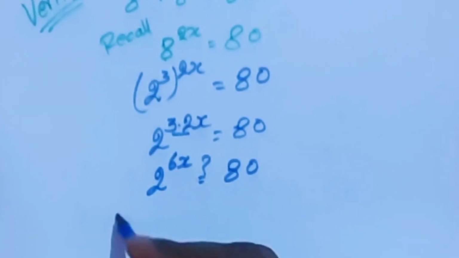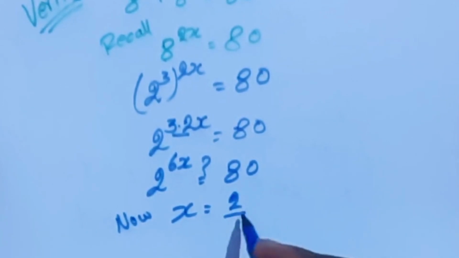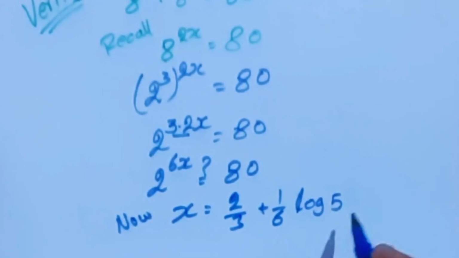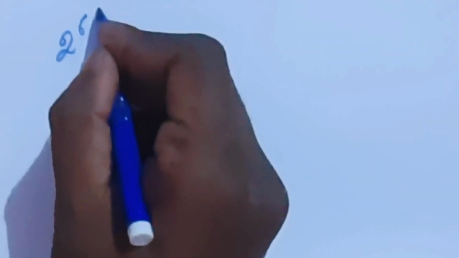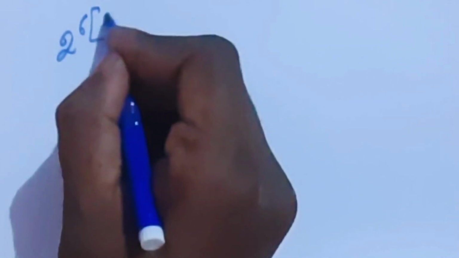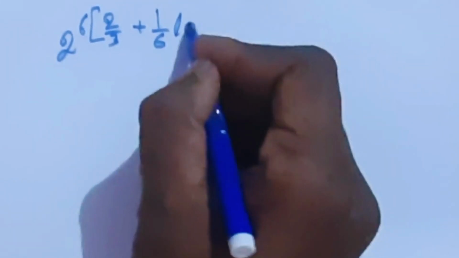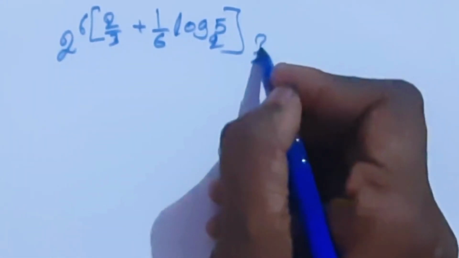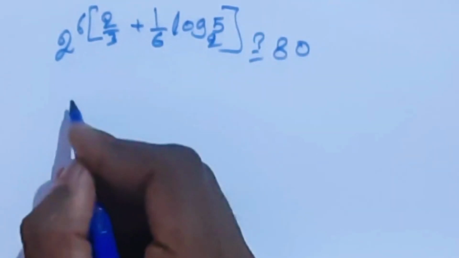Now we are going to apply this x value, that is x equal to 2 by 3 plus 1 by 6 log 5 base 2. This value we are going to apply here. 2 power 6 times open bracket 2 by 3 plus 1 by 6 log 5 base 2 close bracket equal to 80. Now this 6 we are going to multiply here.